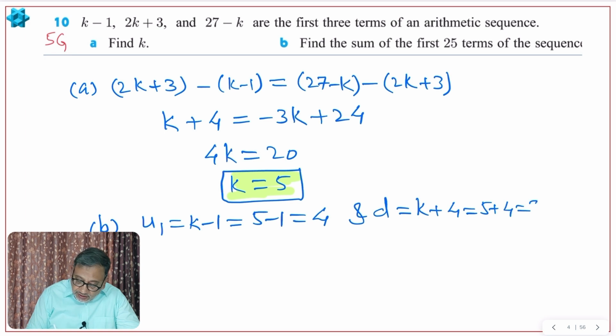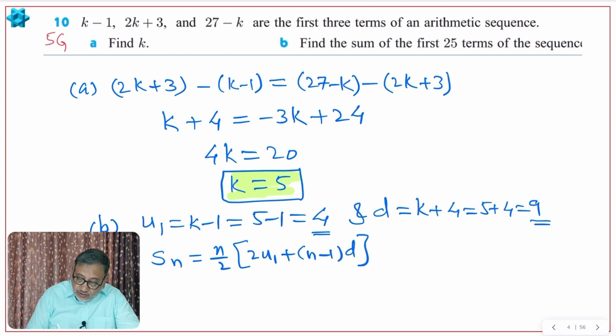So I have d and I have u1, therefore I can find the sum of the first 25 terms. Sn is n by 2 into bracket 2u1 plus n minus 1 d. So S25 is 25 by 2 into bracket 2 times u1, which is 4, plus 25 minus 1, 24, times d, which is 9.